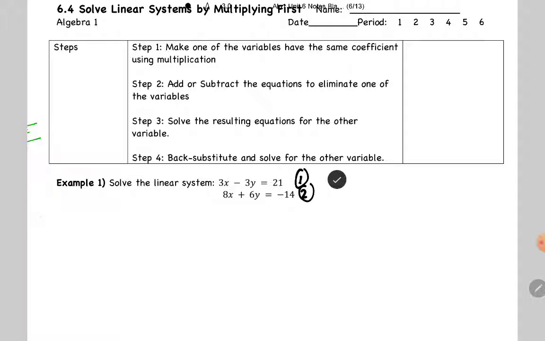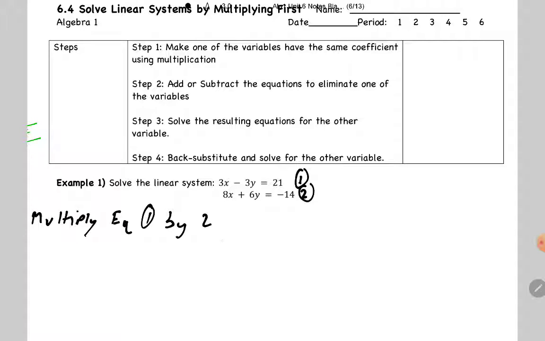So I'm going to multiply equation 1 by 2. Okay, so let's do that. So I'm multiplying the entire equation by 2.